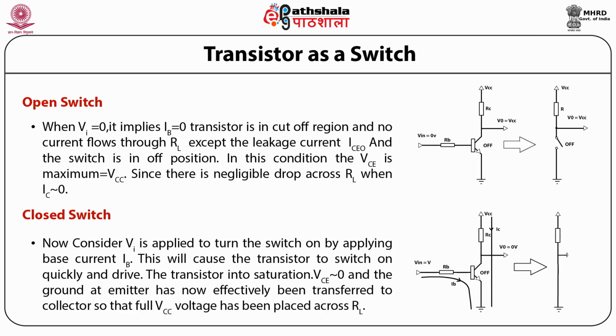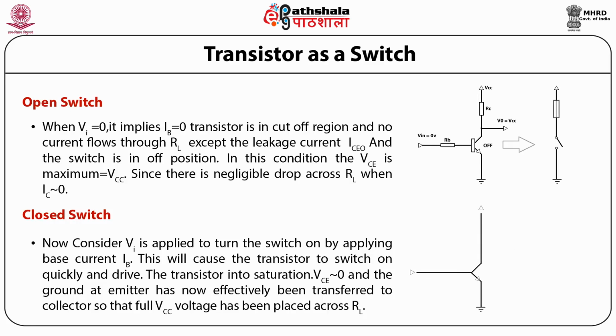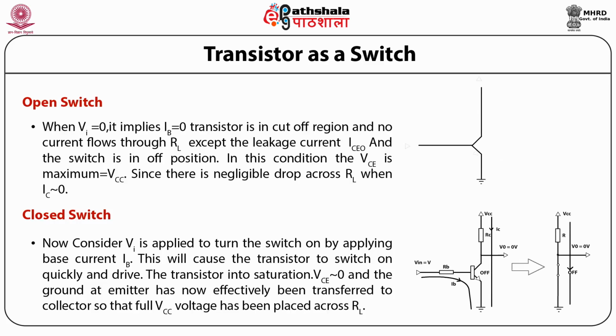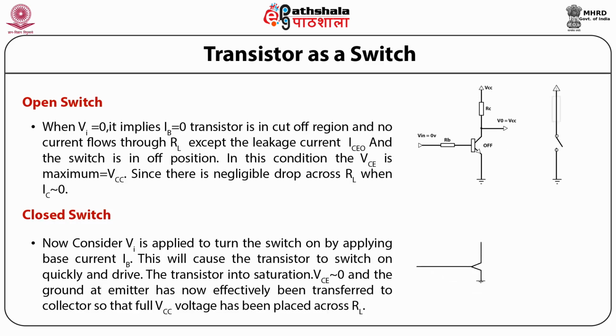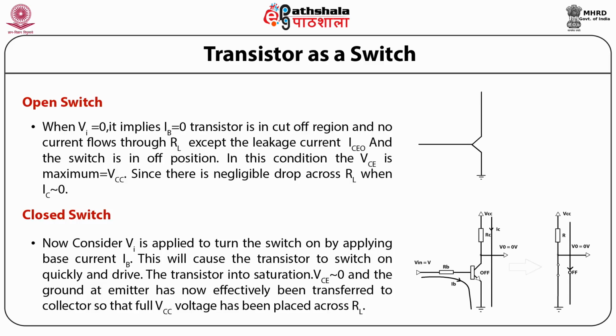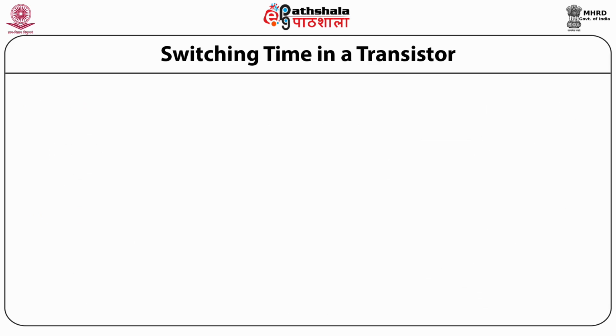This will cause the transistor to switch on quickly and drive the transistor into saturation. VCE is approximately equal to 0, and the ground at the emitter has now effectively been transferred to the collector so that full VCC voltage has been placed across RL.